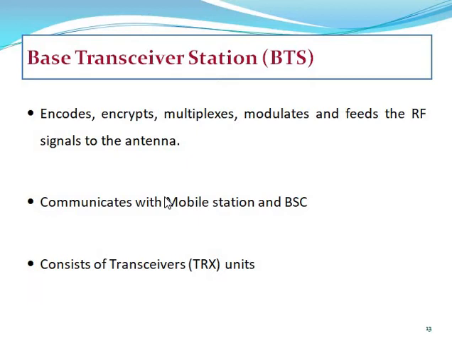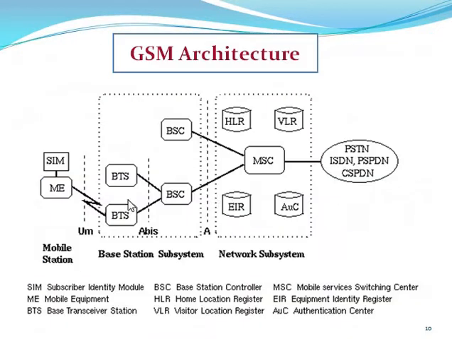It is the base station or base transmitter station. It is used for encoding techniques, encryption and multiplexing, and all the modulation functionalities are applied in the BTS. It also communicates between the mobile station and the BSC.